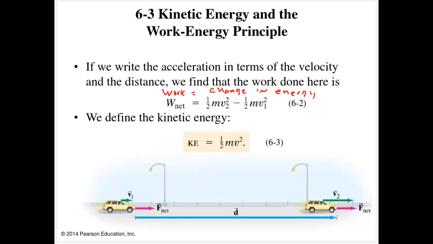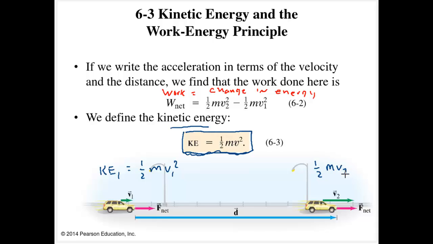This energy is going to be called kinetic energy, and kinetic energy is going to be related to 1/2 multiplied by the mass multiplied by the velocity squared. Very important equation here. Then over here I have my kinetic energy 1, which is 1/2 mass velocity 1 squared. Over here I have kinetic energy 2, 1/2 mass velocity 2 squared.